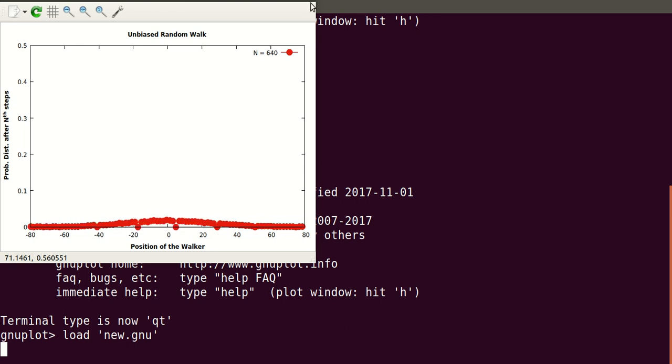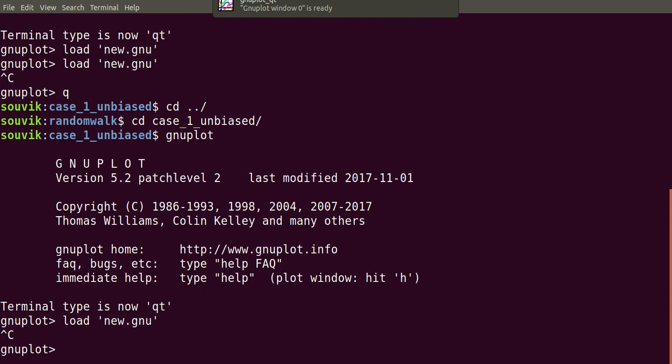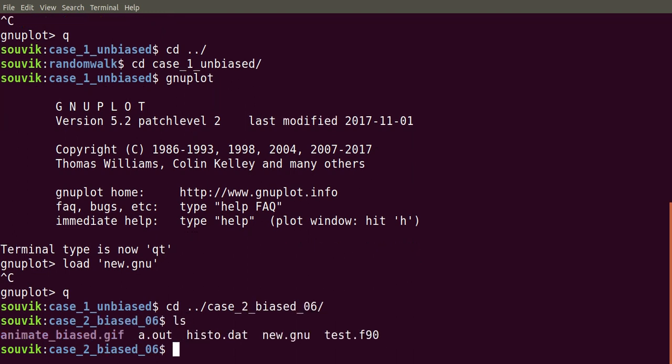Now the next case: let's do the biased one. Quit this, and then case 2. Here I have given the condition of a biased random walk. I give the probability of going to the right as 0.6 and the probability of going to the left as 0.4.